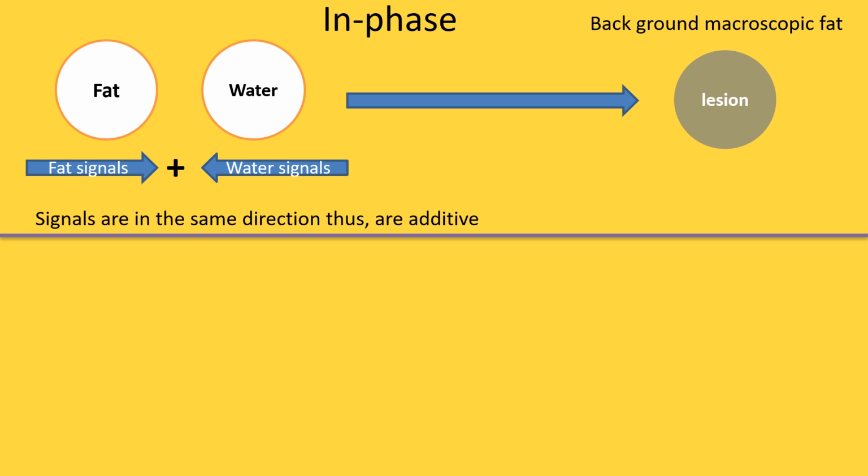If we check this diagram and imagine that the yellow color represents the abdominal fat in the abdomen, and the lesion has two components, fat and water components. When applying the chemical shift sequence on that lesion, we'll find that during in phase, the water and fat components each give signals.